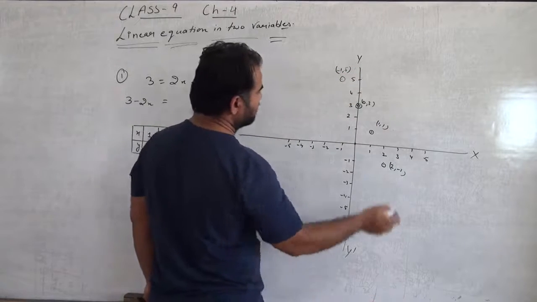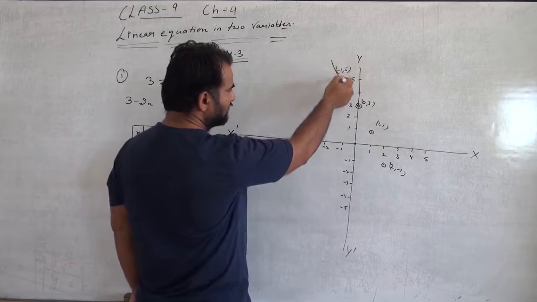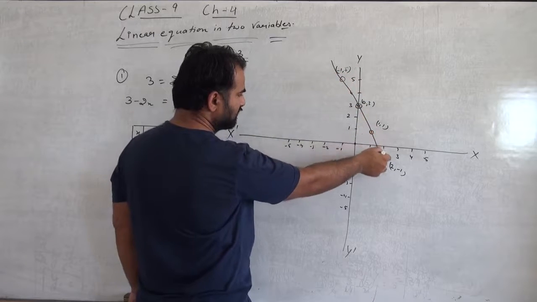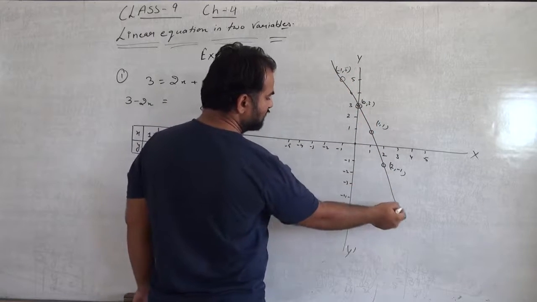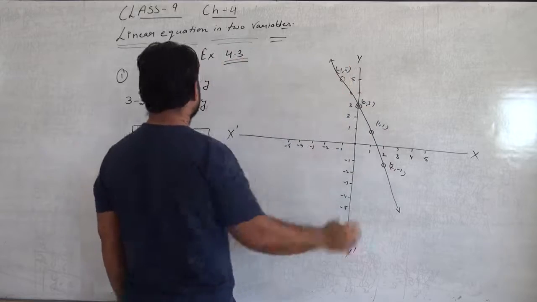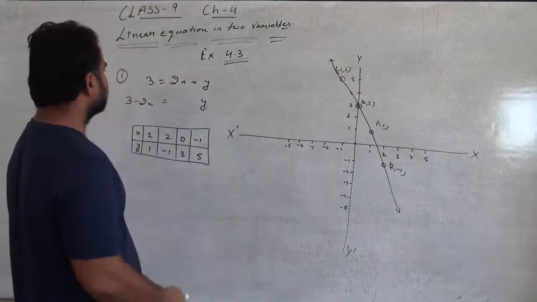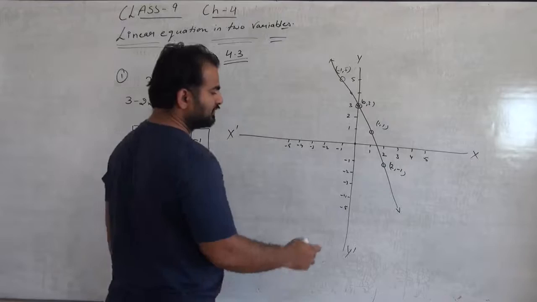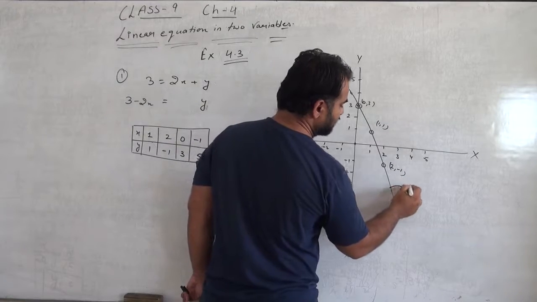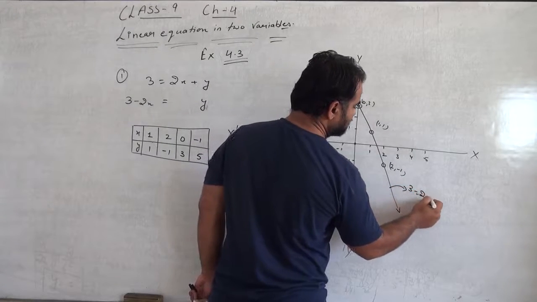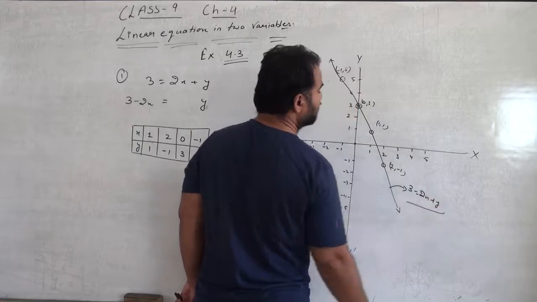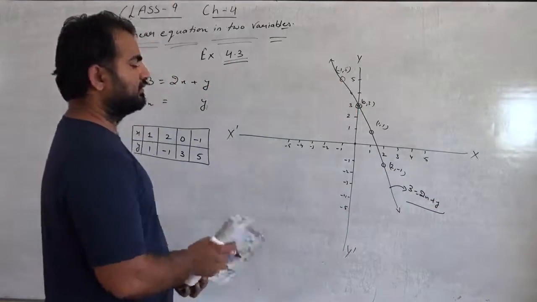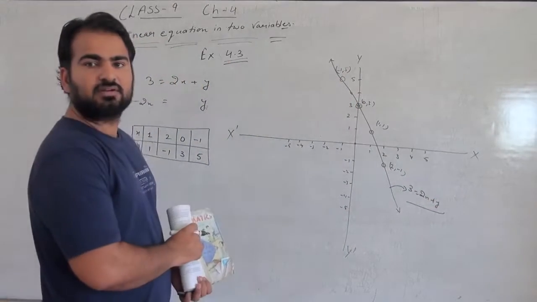So what we can see is that we got a straight line which is passing through these 4 points. Okay. So this line was made by the equation 3 equals to 2x plus y. So we have to write 3 equals to 2x plus y. Done? And now the question is done?